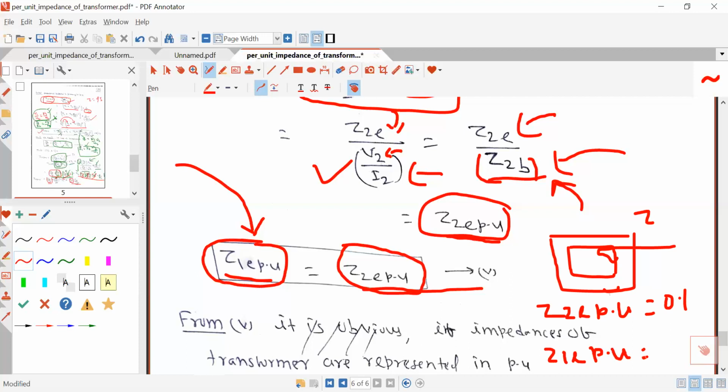So there is no need to know the turn ratio of the transformer. So there are two advantages when you represent the impedance of the transformer in the per unit system.